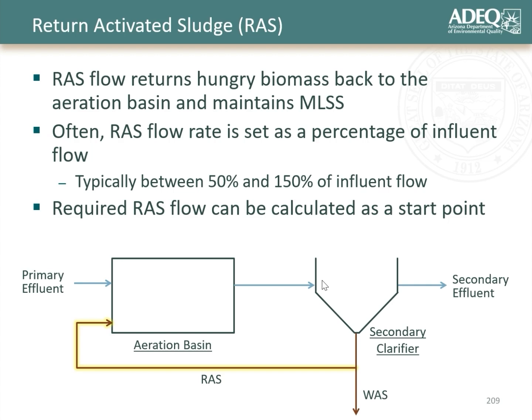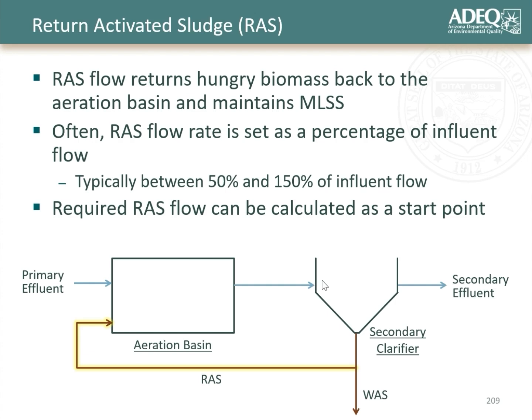In the meantime, your aeration basin does not have enough solids to do proper treatment, and you can have incomplete treatment. So if it's not automatic, at least as part of your operation, consider adjusting the flow rate of your RAS based upon expected flow events and rainstorm events as well.